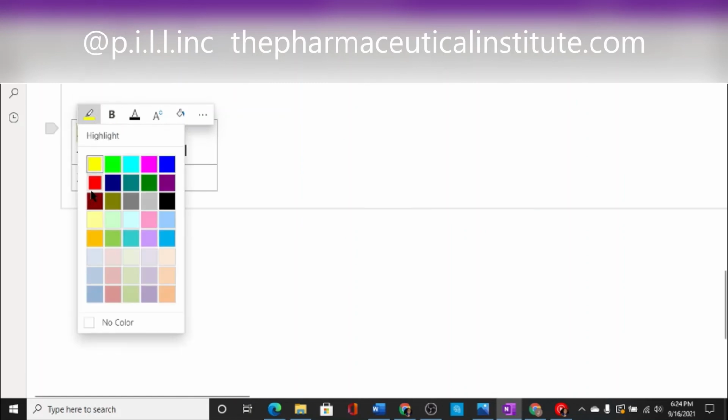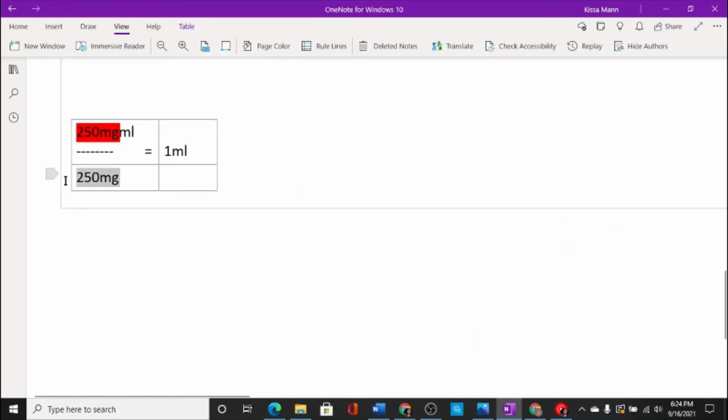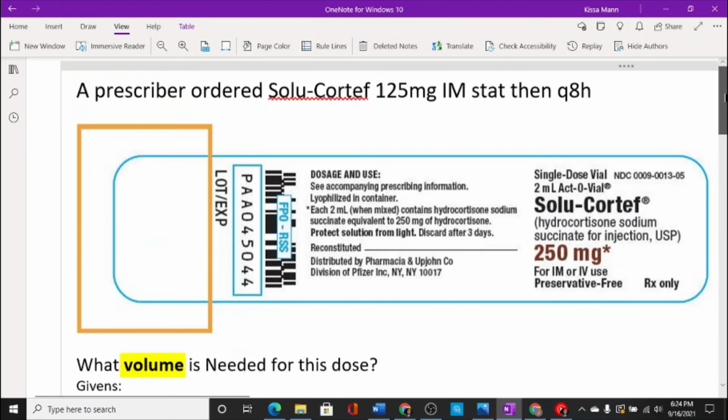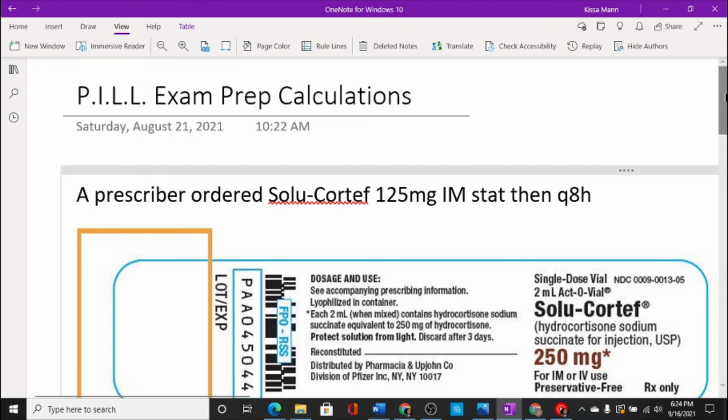Can we do that? Yay! Cancel out. So that leaves us with our final value of 1 milliliter, and we have solved the problem using 2 different formulas. That is it for this question. I can't wait to share another one with you all. I hope you enjoy it, and be sure to check out our other videos.